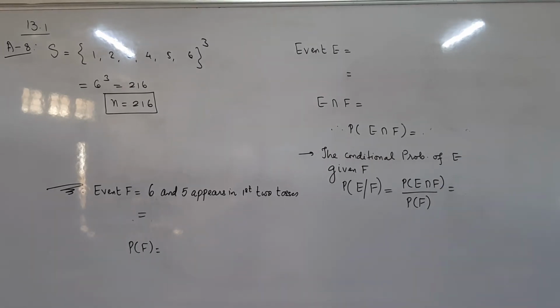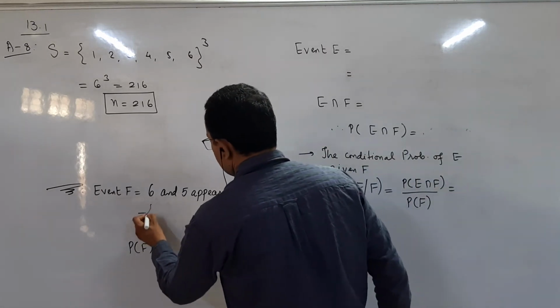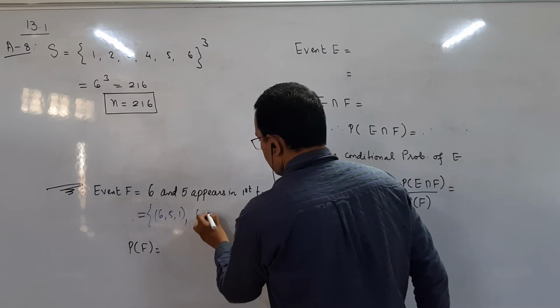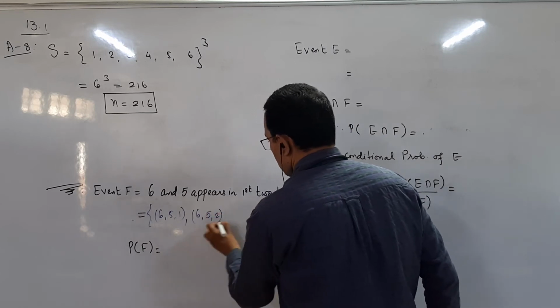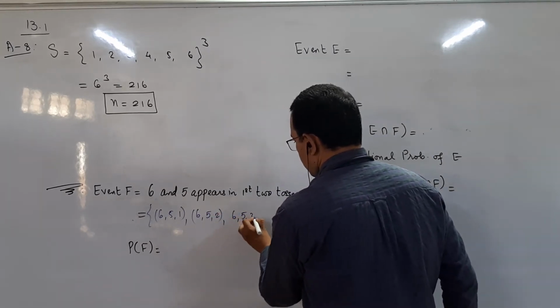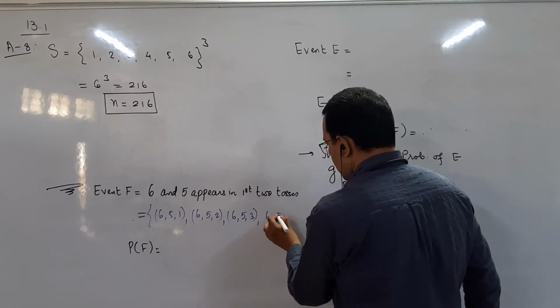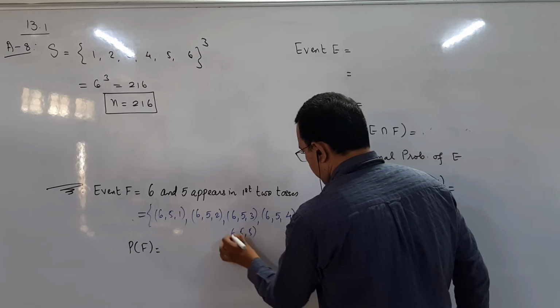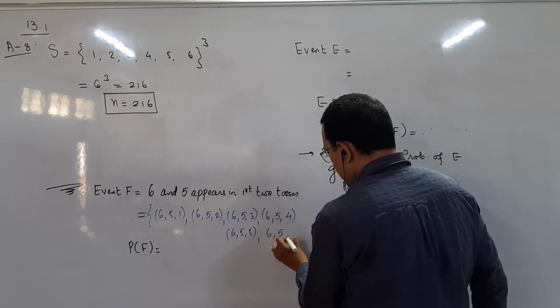But I am tossing a dice 3 times, so correspondingly in the third toss I can have any of the 6 integers. So the favorable outcomes to this event are 651, 652, 653, 654, 655, and 656.